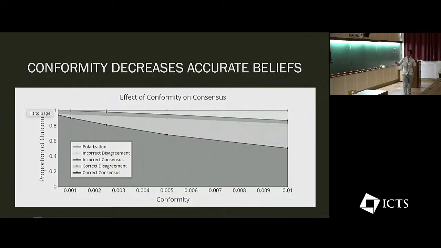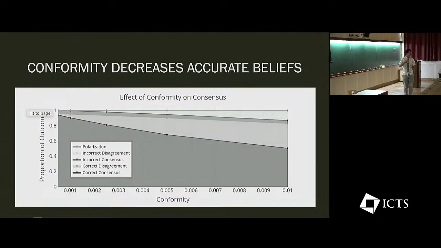What increases is correct disagreement, where everyone performs action B, but some believe that A is better. And so you can end up in this situation where, as K increases, I can get you to change your behavior more quickly than I can get you to change your mind. And eventually, everyone's just performing action B.